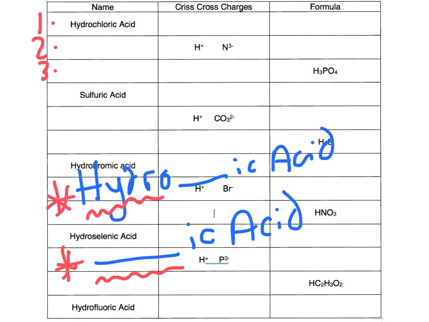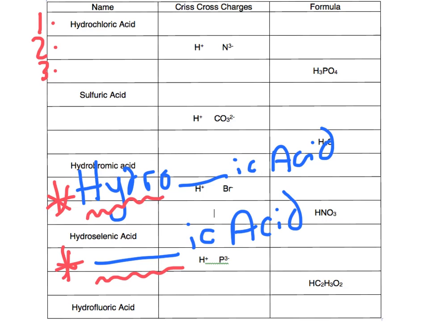So one of those anions that we memorized, like sulfate or phosphate or nitrate or acetate, all of those ions, if we see something starting with one of those syllables instead, then we know that we have a more complicated polyatomic ion that's going to show up as our anion.